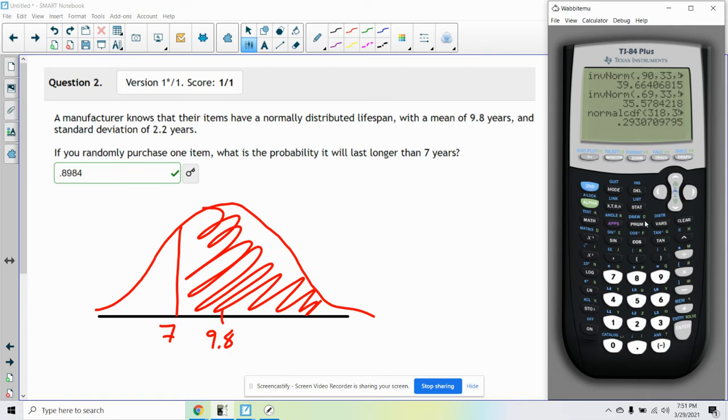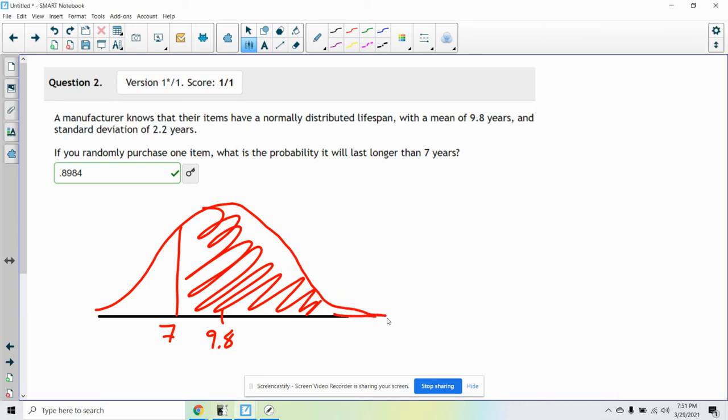So you're going to go back into distributions menu, normal CDF, because I'm looking for a probability. My lower bound now is 7. But what's my upper bound? You might have seen in the videos that this curve goes forever in this direction. They never touch. They're asymptotic. They get closer and closer, but don't ever touch.